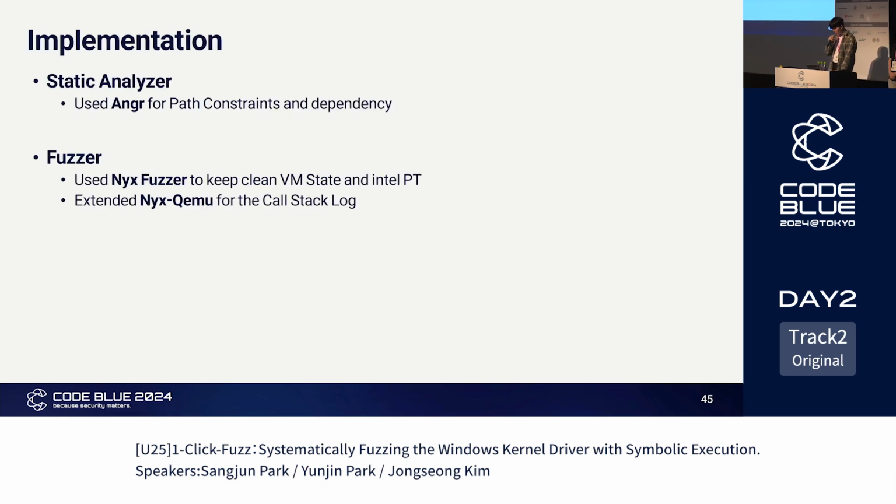Lastly, when we implemented symbolic execution, we used the angr framework to get path constraints and global variable dependencies. On top of the next fuzzer, we were able to get coverage with Intel PT and do snapshot-based fuzzing for detecting stateful vulnerabilities.